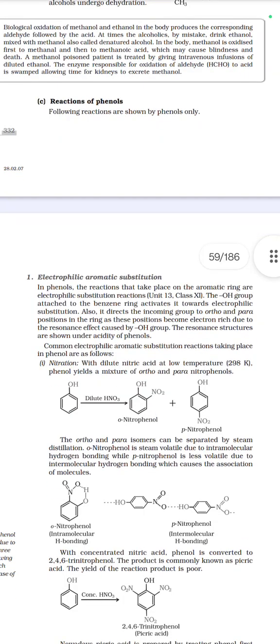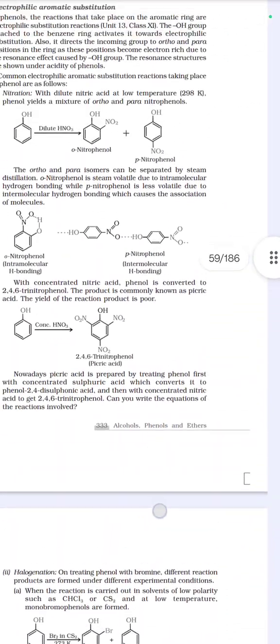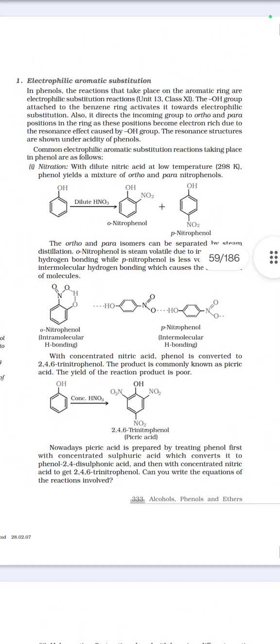Reaction of phenol. The following reactions are shown by phenols only. Electrophilic aromatic substitution. In phenols, the reactions that take place on the aromatic ring are electrophilic substitution reactions, Unit 13, Class 12th.